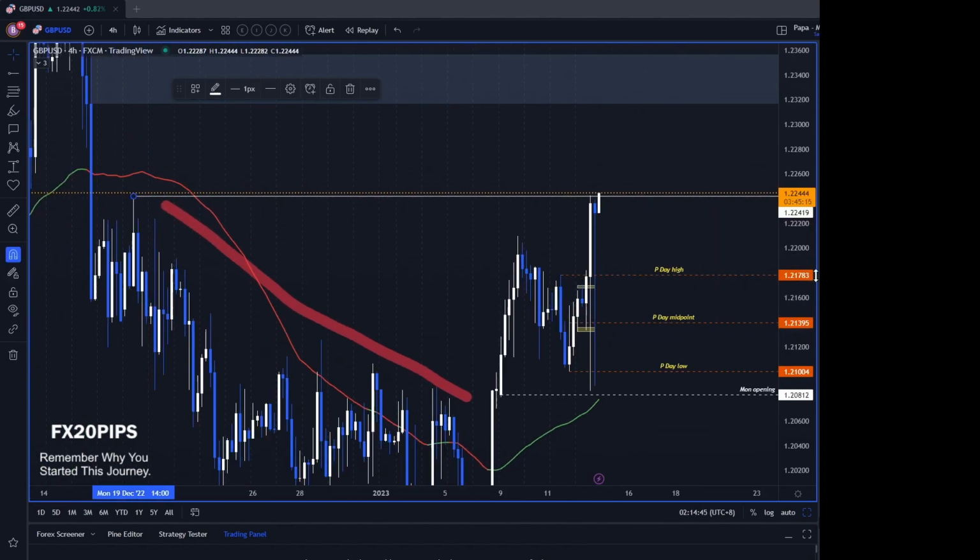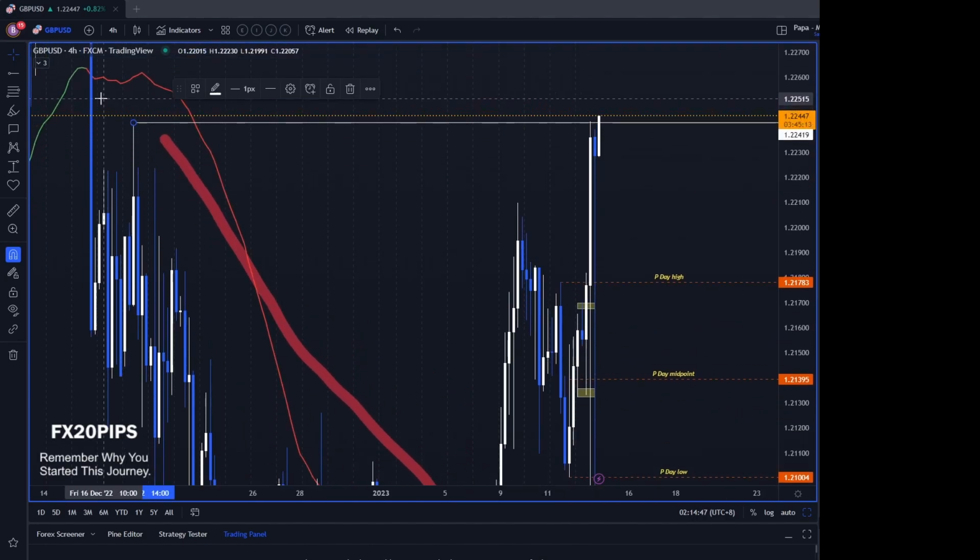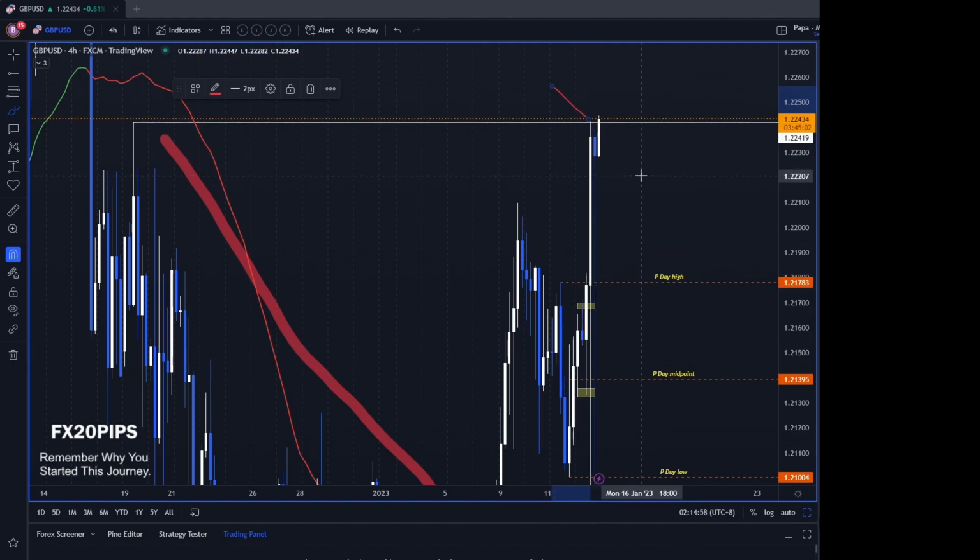That was at the 9:30 candle, the 9:30 to 10 o'clock candle. So this one took up the liquidity and went all the way down.